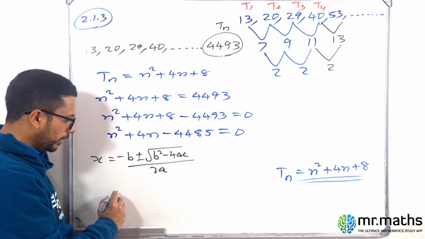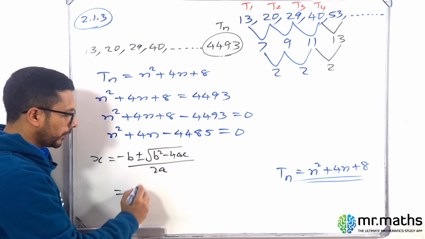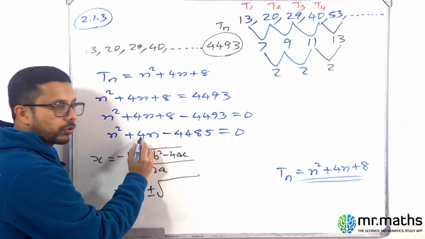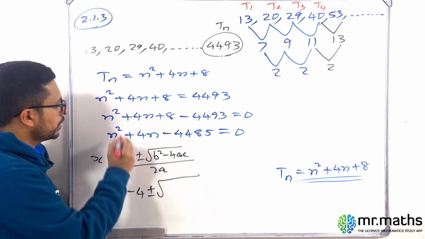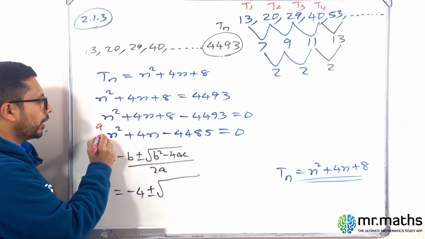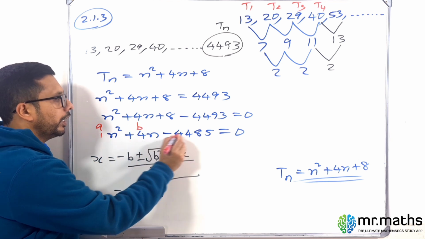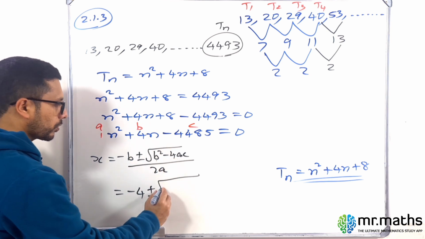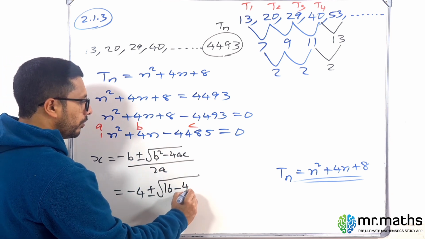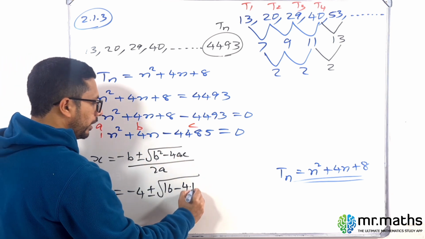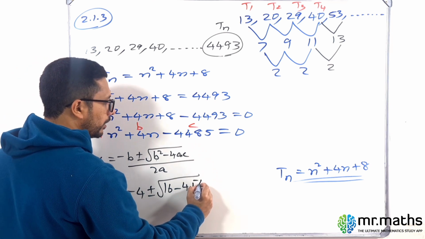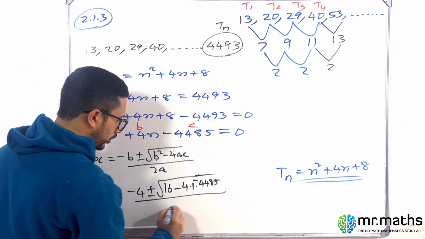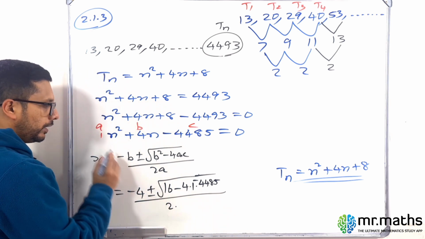So apply quickly: minus b, which is 4, plus or minus the square root of b squared, 4 squared. Don't forget that a is 1, b is 4, and c is minus 4485. So 4 squared is 16 minus 4 into a, which is 1, into c, which is minus 4485, divided by 2 into a, which is 1.